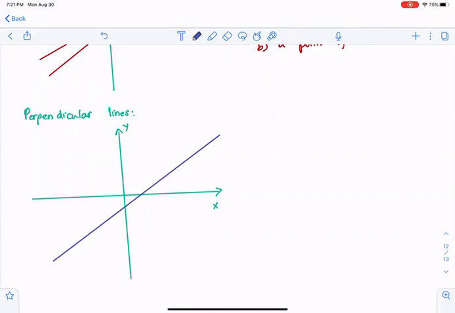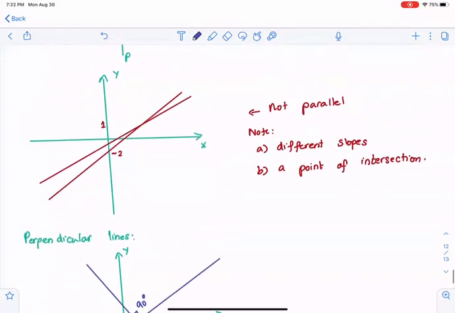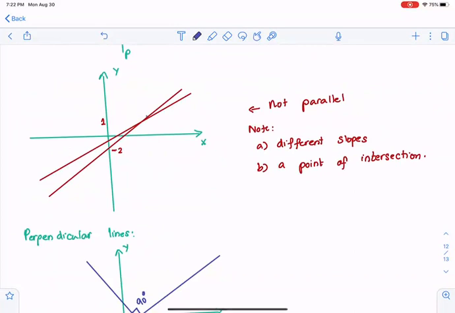Suppose I have that line, and I have that line. The angle that is formed right here is 90 degrees. So if that angle is 90 degrees, then the two lines are perpendicular to each other. Here, that's not the case.